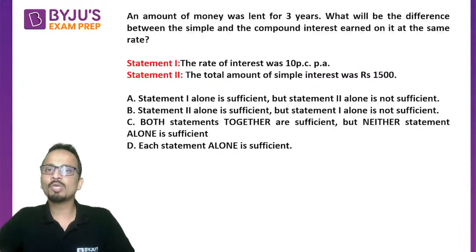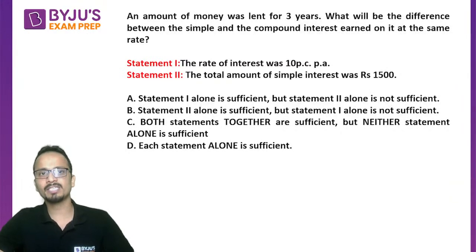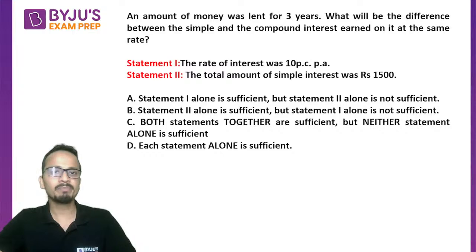An amount of money was lent for 3 years. What was the difference between the simple and compound interest earned on it at the same rate? Statement number 1, the rate of interest is given. Statement number 2, the total simple interest is given.